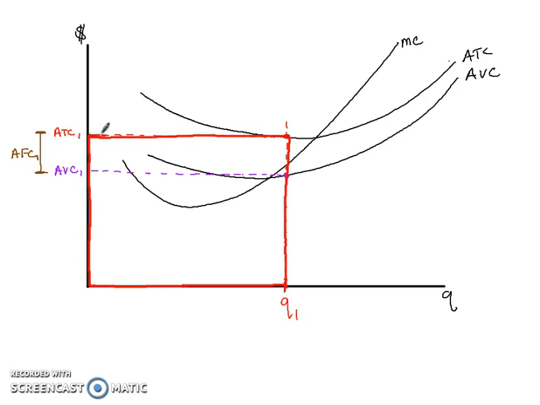Okay, so that's going to be your total cost box, that red box. And remember, we said the total cost is equal to the average total cost 1, right there, multiplied by Q1. That's going to be your total cost right there.